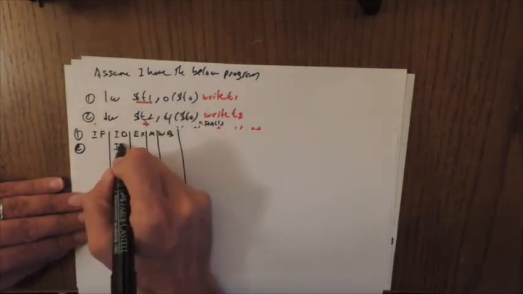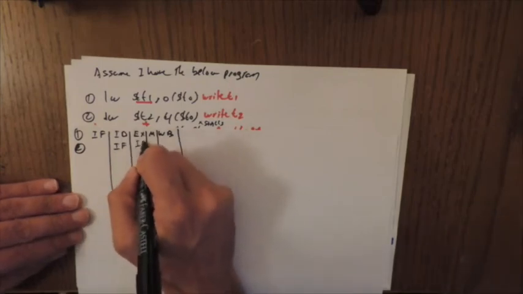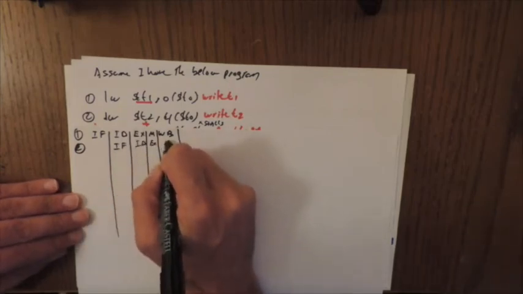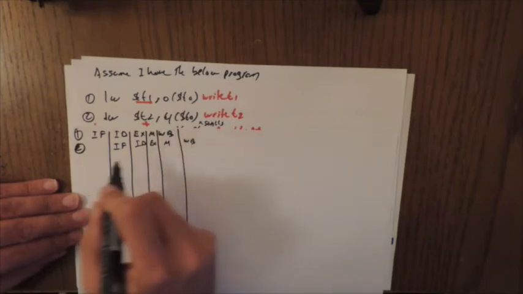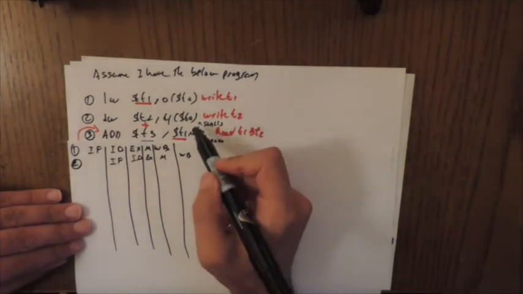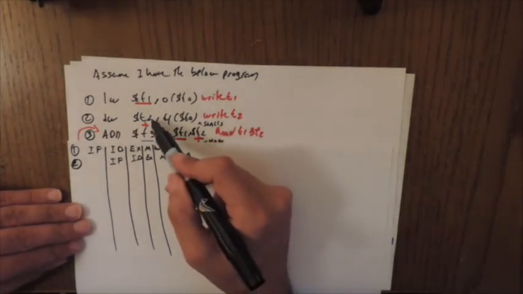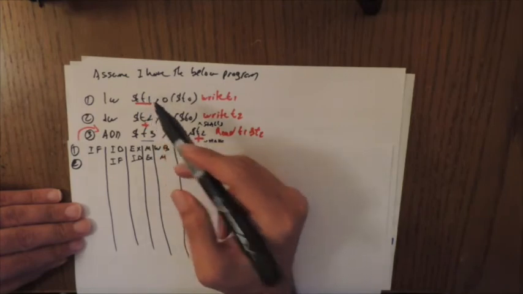We start here next to ID, IF, ID, EX, memory, and write back. Now with the third instruction, we notice here there is a dependency between T2 and T1 and with the load.